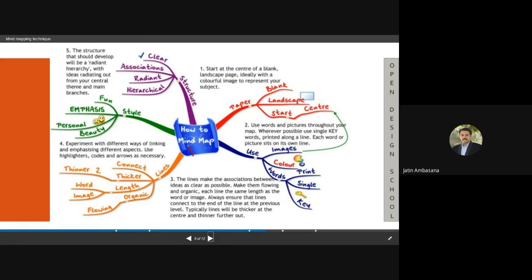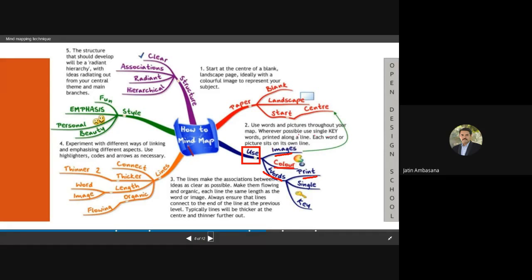Then you have to use words and pictures. So here it is, use various words, images. You can use color. When you use words, they should be printed along a line, so you should try to print it out, and each word sits on its own line.